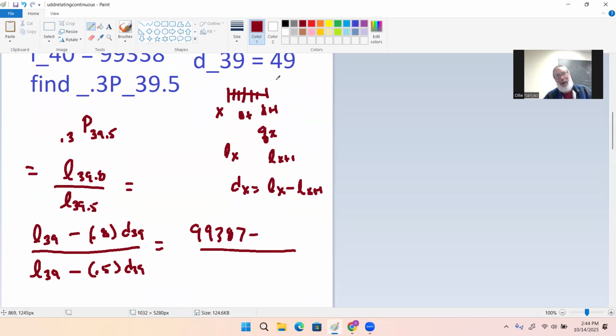And I went ahead and just calculated the number of deaths here. So it's 0.8 times 49. And the bottom is 99387, and that's half a year. And we'll go ahead and work that out just for completeness.